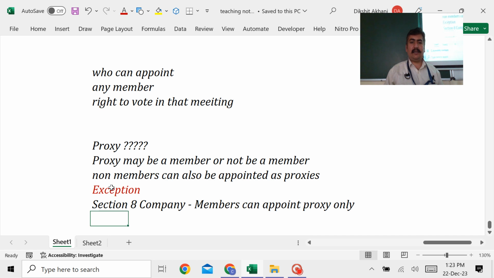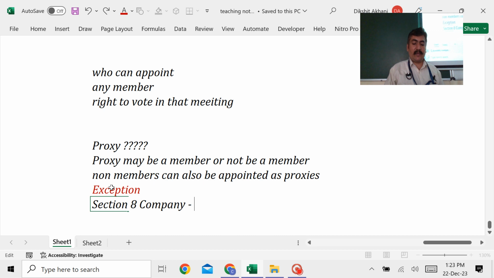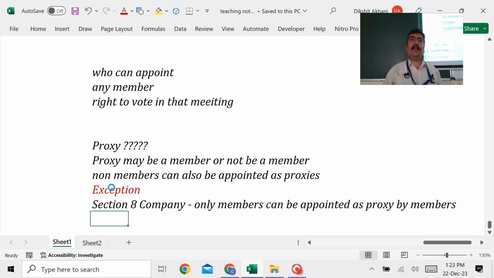No, I think I have to just correct my sentence. Only members can be appointed as proxy by members in a Section 8 company.